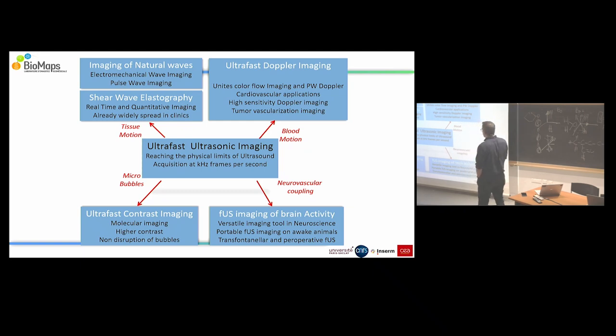But we can also use ultra-fast ultrasound to have a new tool in neuroscience by doing functional ultrasound imaging of brain activity using ultra-fast Doppler, ultra-fast ultrasound, and I will explain that to you now.